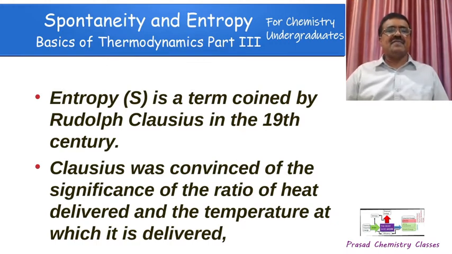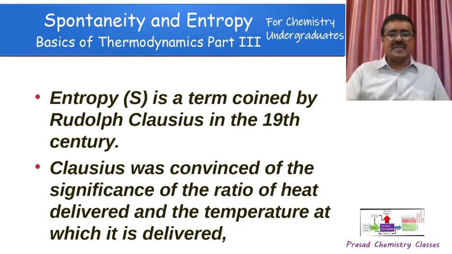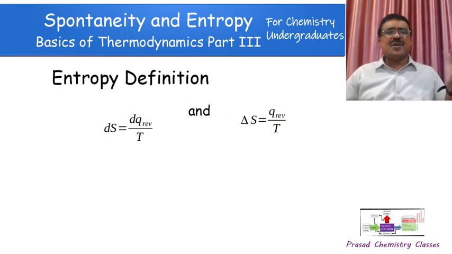Clausius was convinced of the significance of the ratio of heat delivered and the temperature at which it is delivered. This is the conceptual discussion of entropy. You don't need to worry much about it. So this is our mathematical definition for entropy.